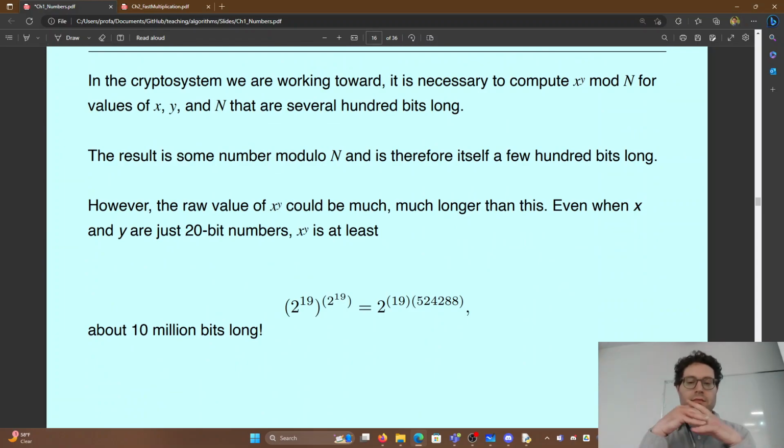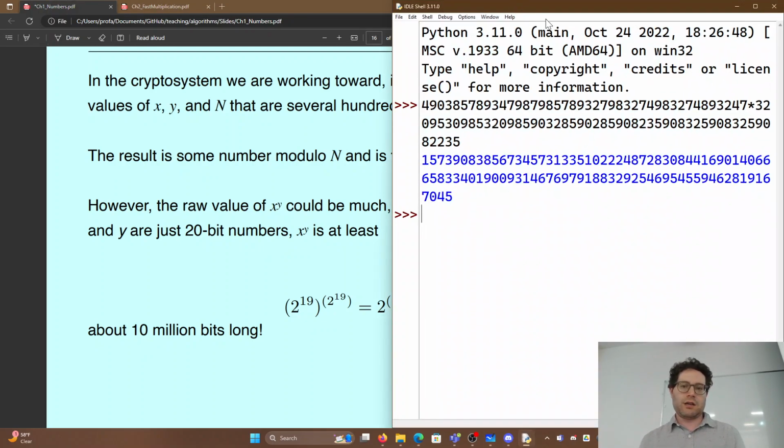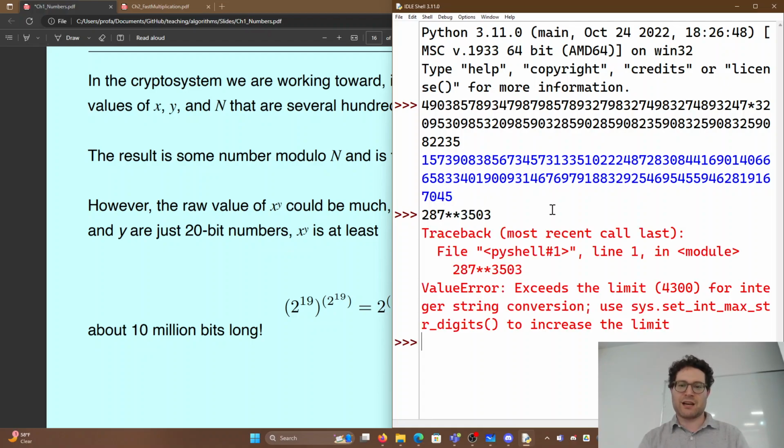Okay, so as I mentioned a few times, RSA, which is the crypto system we're going to be learning about, needs the computer to be able to calculate x to the y mod n, where x, y, and n are all hundreds of bits long. And as we saw with our poor Python computer, when I tried to ask it 2 to the 87th to the 3503, it just kind of croaked on us.